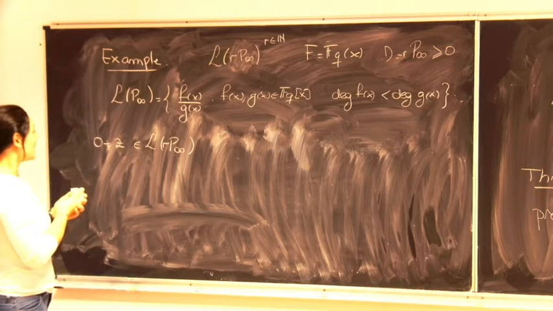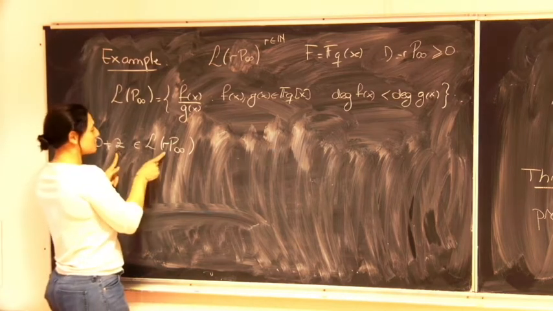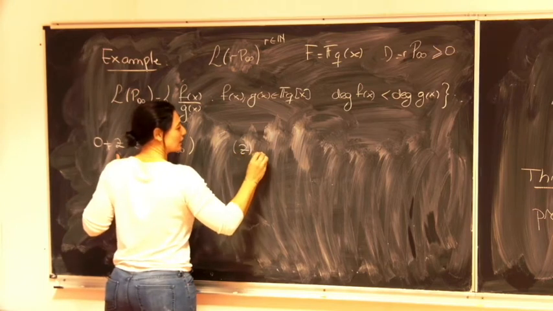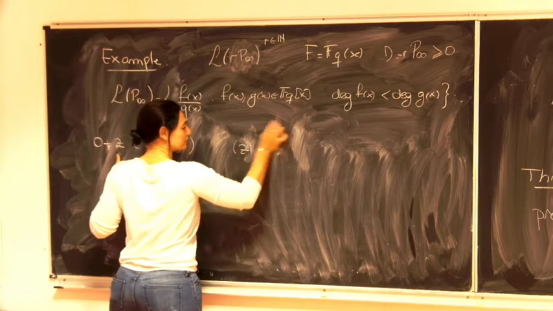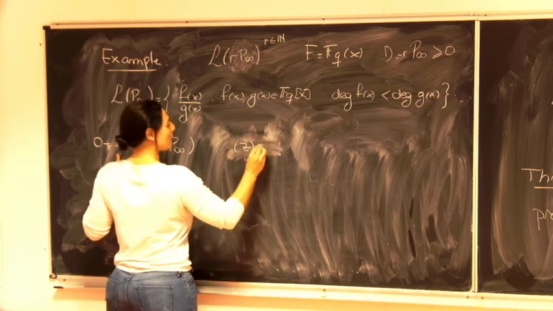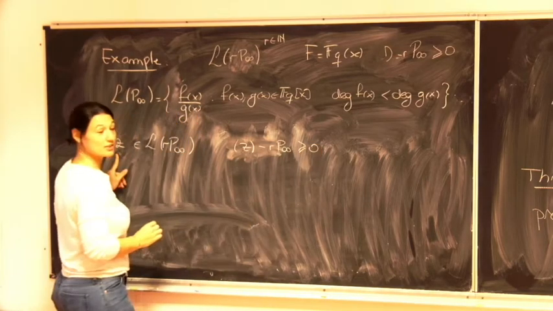Well, the first thing that we can see is, if z is inside this space, then the principal divisor of z minus r P infinity has to be an effective divisor.